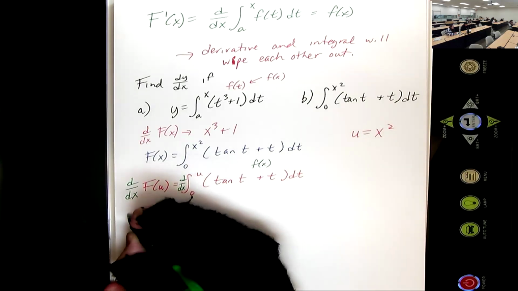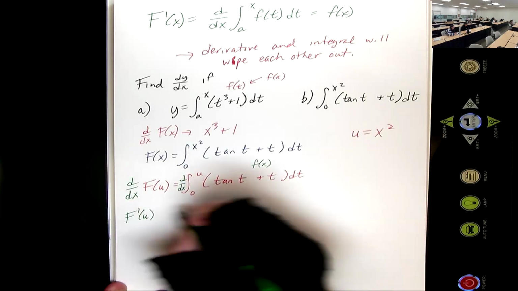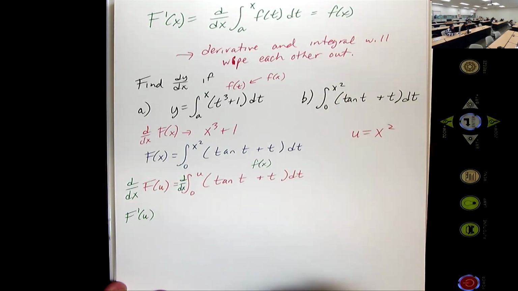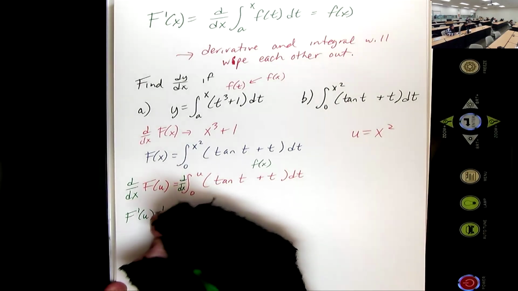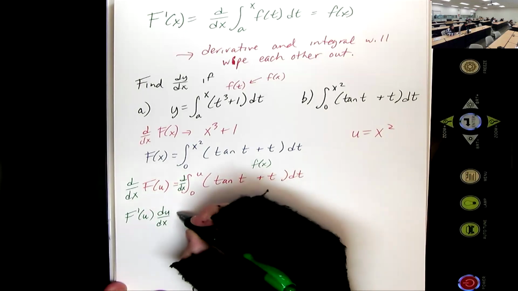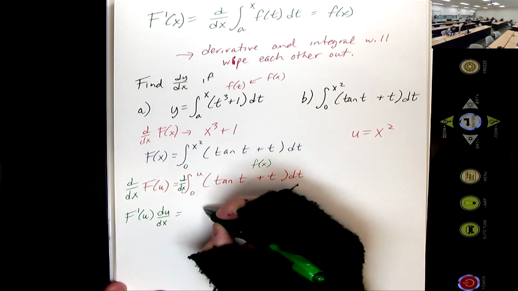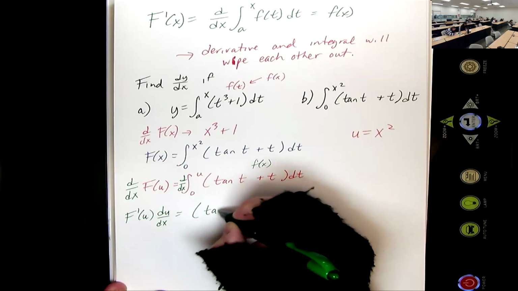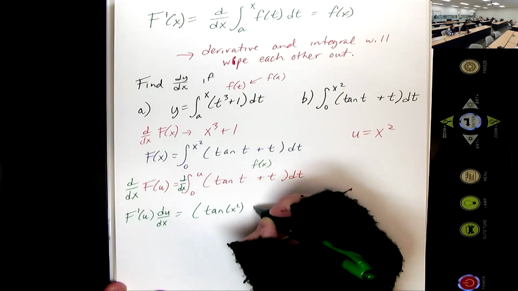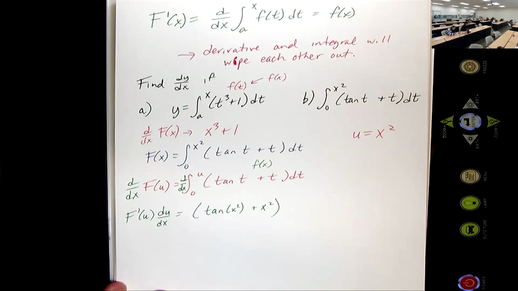So I have F prime of u, and by the chain rule, I have a du/dx that's missing here. This is gonna be tangent x squared plus x squared. But I need a du/dx now.